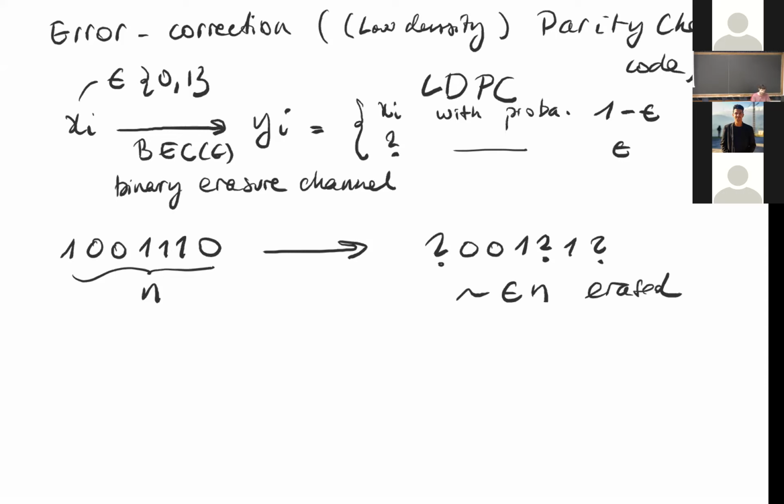So you can create a code, let me call it C, which will be the ensemble of binary strings such that, and here you put whatever constraints you want, and the type of constraints will be called parity checks.